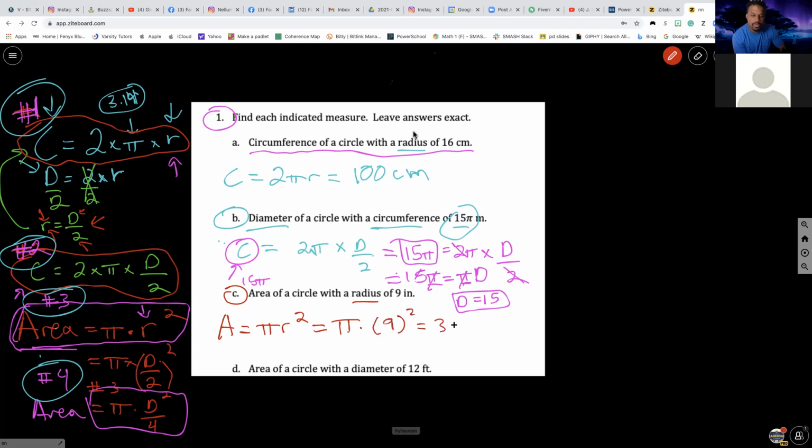Pi we know is 3.14 times 9 squared, that's 81. So 3.14 times 81. $276.